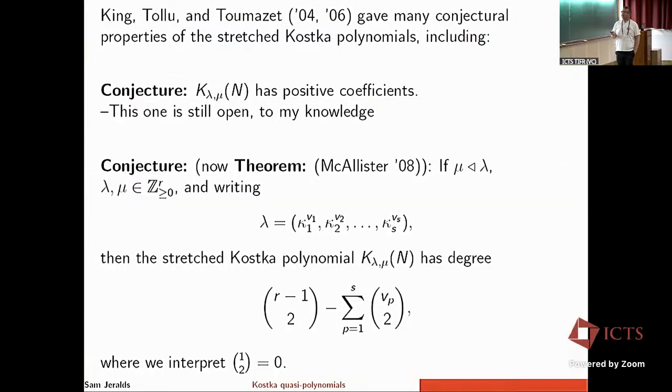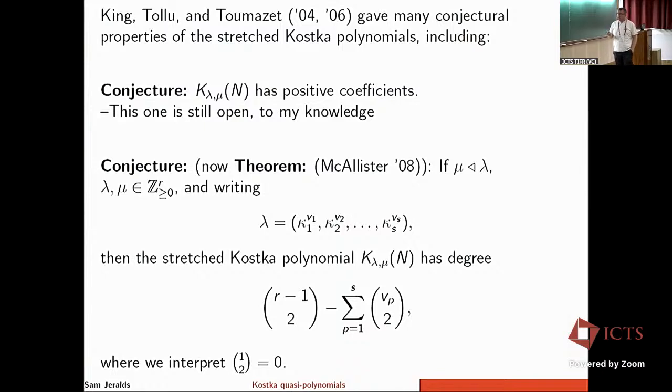If I also go ahead and set conventions that they had the same number of parts, so these partitions were living in, say, Z^r, and if you write out the partition lambda in a slightly different way, you use this kind of common exponent notation. We'll see an example on the next slide, but you should imagine this partition has v1 copies of k1, v2 copies of k2, and vs copies of ks.